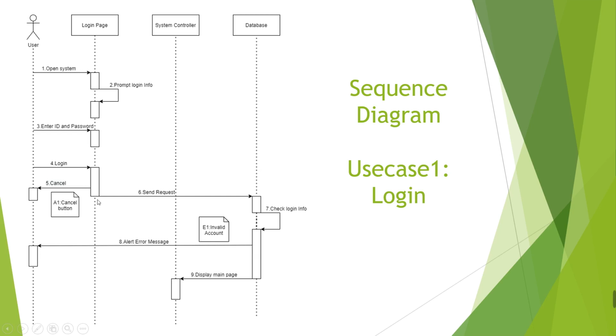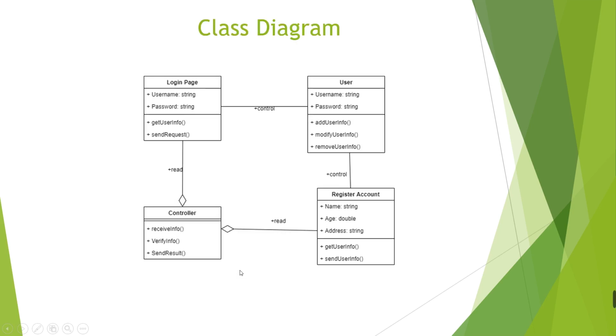Once he clicks the login button, the system will send a request and check the login info. If the ID and password are incorrect, it will go to the alarm error message, which is E1, invalid account. And if the login is correct, the system will display the main page.